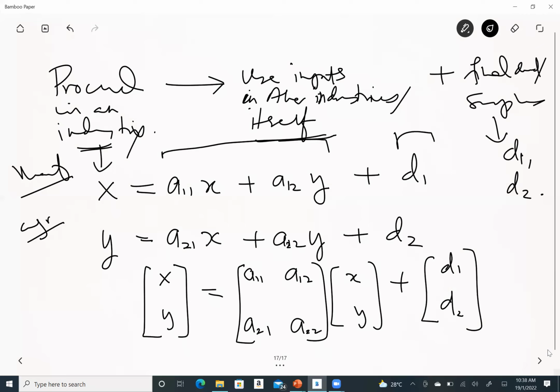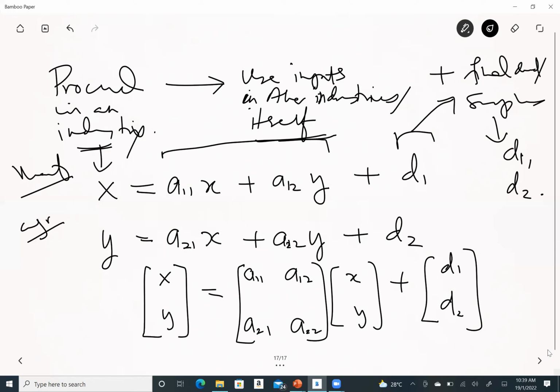D1, D2 are the final demand. So that is how output produced in each industry is used in other industries as inputs and for final consumption.